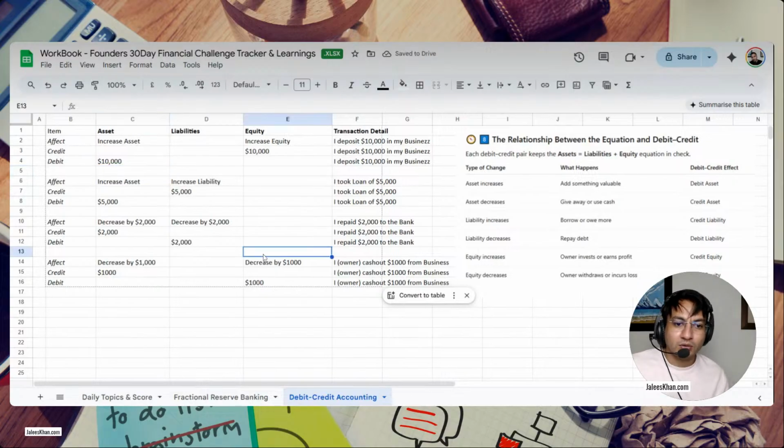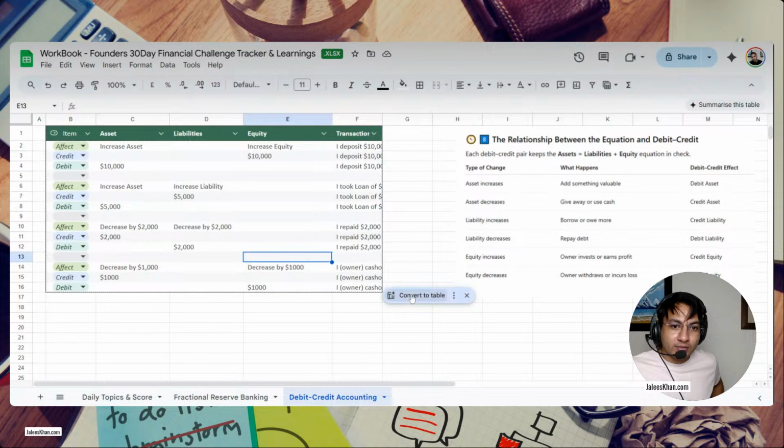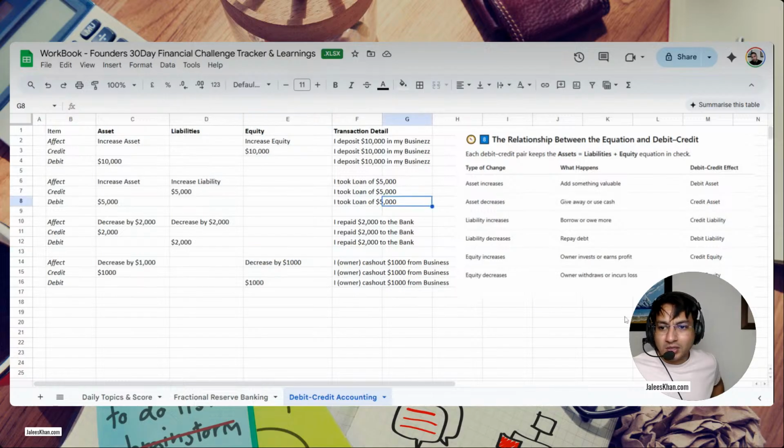So now we have that understanding. We got this thing converting into a table.